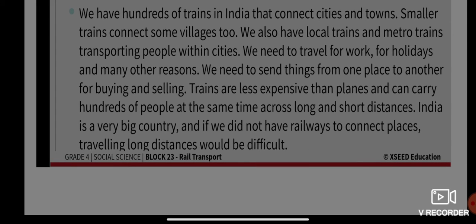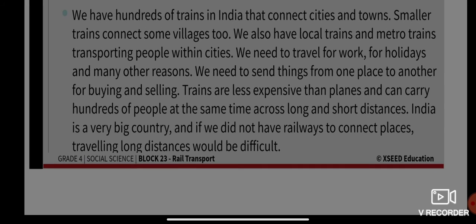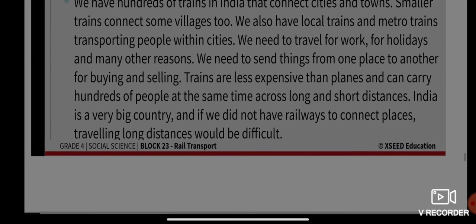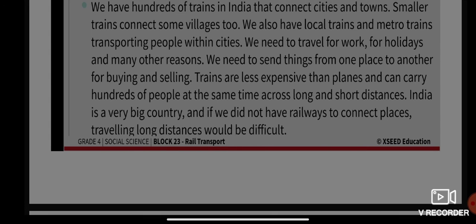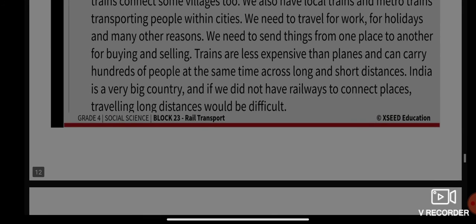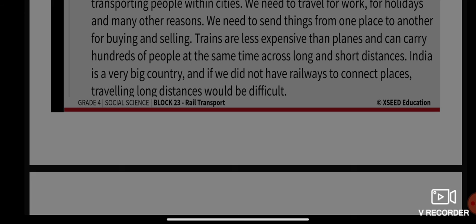We need to send things from one place to another for buying as well as selling. Trains are less expensive compared to the bus, car or plane fare, and can carry hundreds of people at the same time across long and short distances. India is a very big country, and if we did not have railways to connect places, traveling long distances would be very difficult.